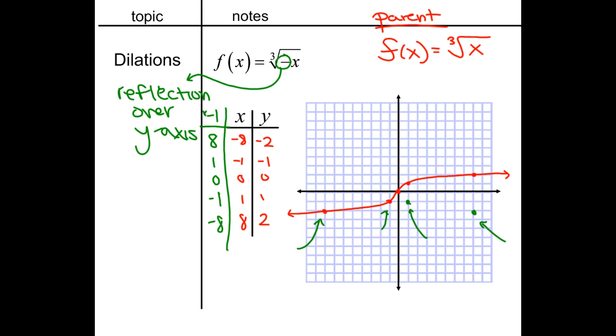So you can see that it's flipping over your, sorry, not your x-axis, your y-axis. These 2 points go together, and these 2 points go together. We're flipping over our y-axis. So when it's on the inside, it's going to flip it over the y-axis.